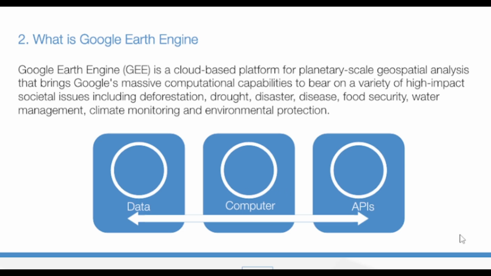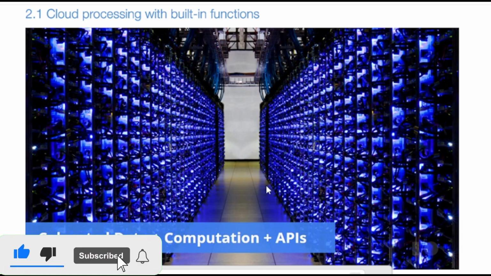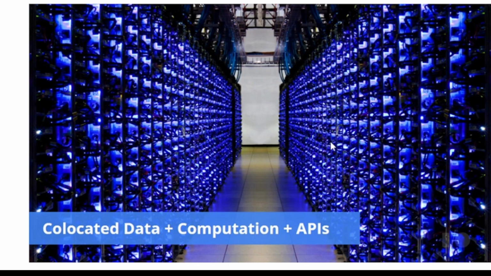So you can use this for the problems raised above. Cloud processing with built-in functions: there are many functions that can work in Google Earth Engine. So it is collocated data plus computation plus application programming interface. There are many data types you can access by using the computations and the APIs.